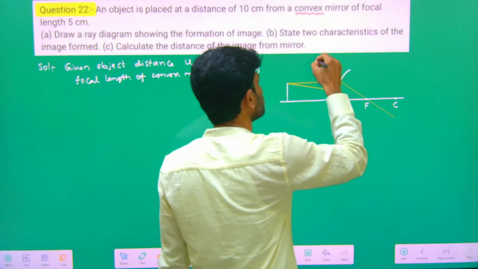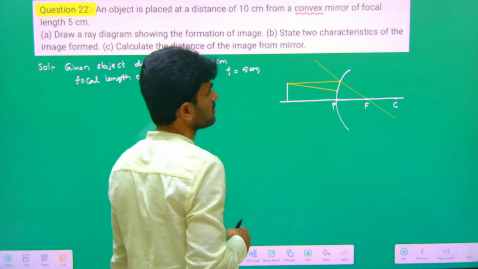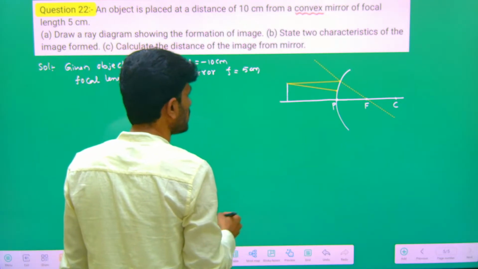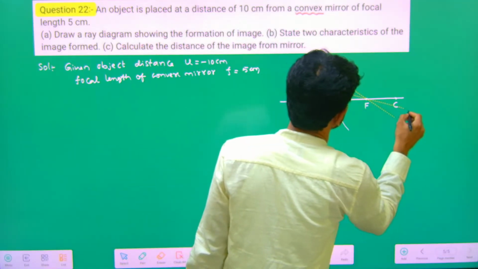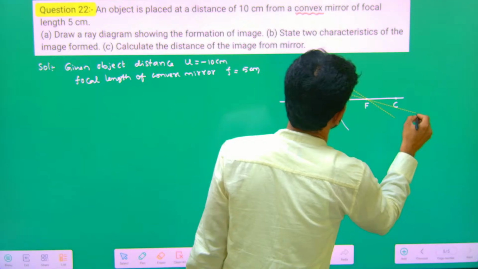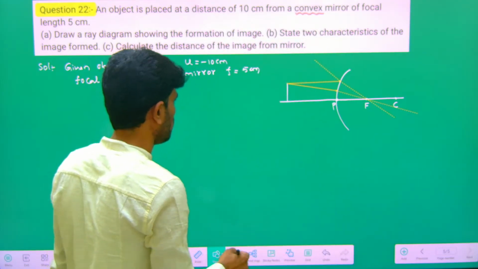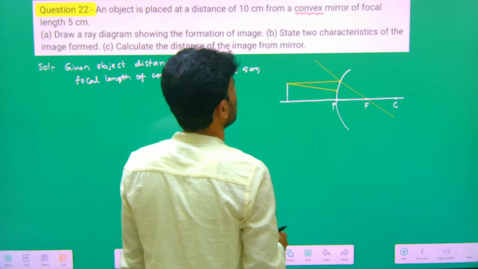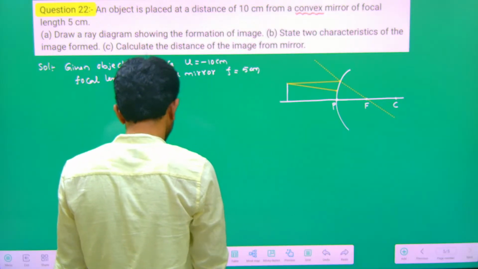It appears like coming out of the focus. Like that it will be there. And one more, instead of taking it passing through focus, we can take this as passing through center of curvature.